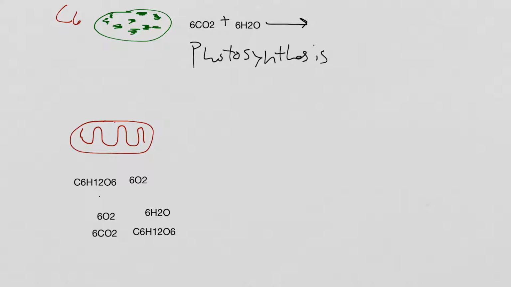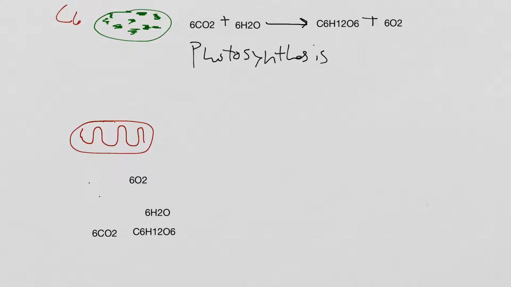The products of photosynthesis are going to be two different things: glucose, or C6H12O6, and oxygen. Those two things are what we're going to get from that chloroplast when photosynthesis is all finished.